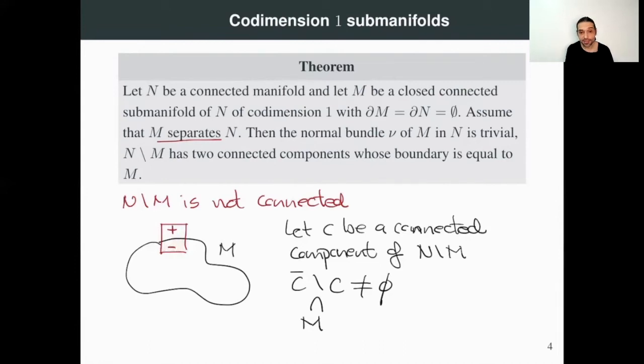In particular, that means that the pluses and the minuses are in different connected components, because if they are in the same one, then essentially every connected component of N minus M is going to be the connected component of the union of these two sets, and that's it. So the pluses and the minuses are in different connected components, right?